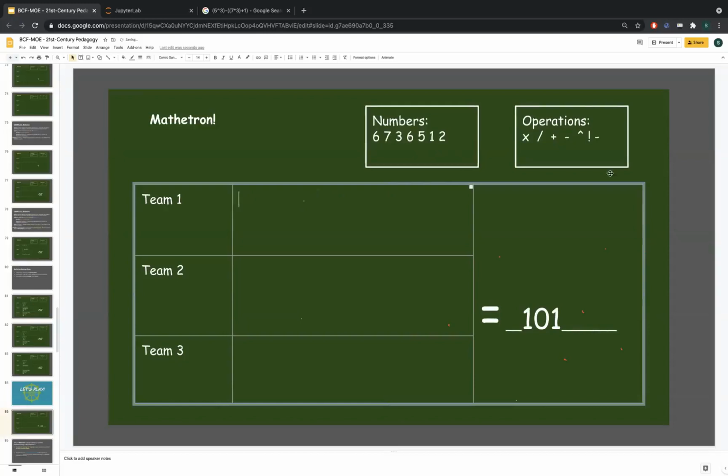Does anybody else have an example? How about Sewang? Can you share your example? Hello? Or Mr. Kunzang, would you like to share?